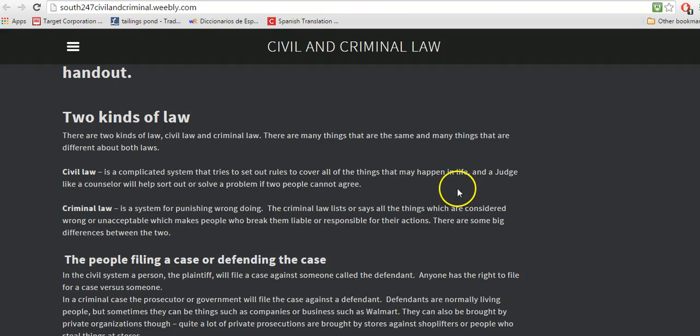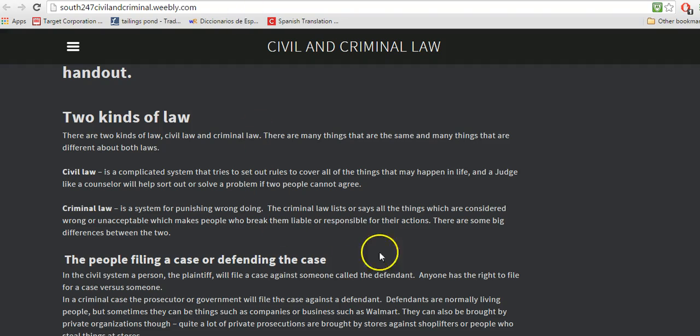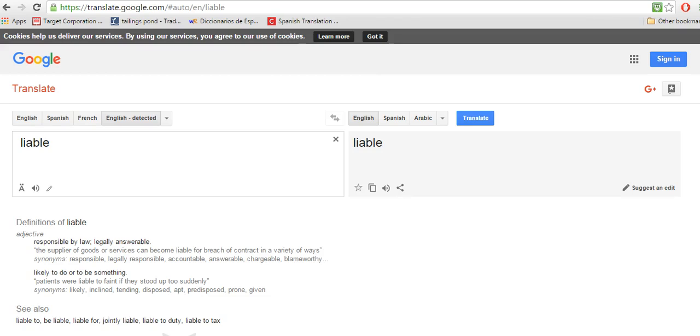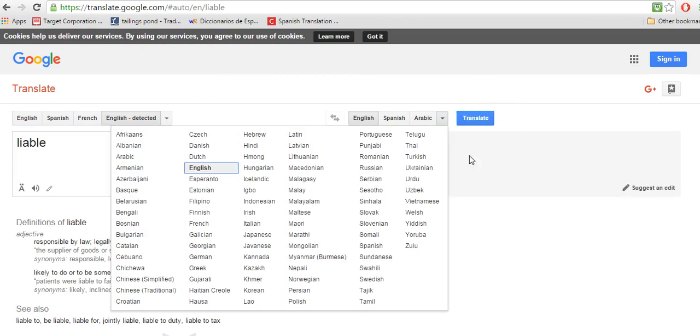Okay? And then if you have any questions about words you don't know, one thing you can do is you can go to Google Translate. And so, for example, if we pick a word that we might not know, which is like liable, you can simply put it in to Google Translate, and then you can pick a language that you want it in.